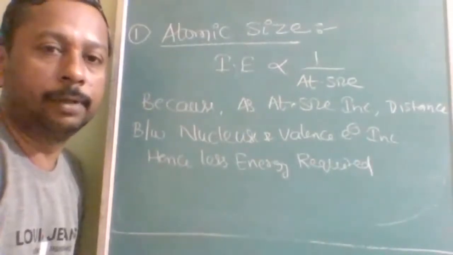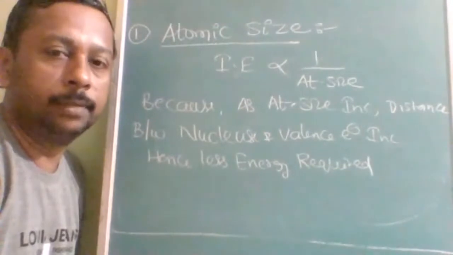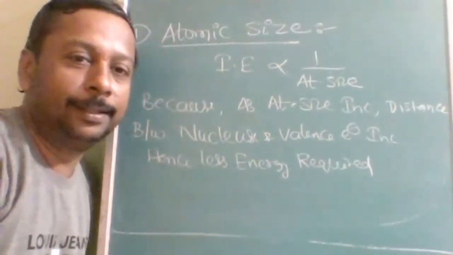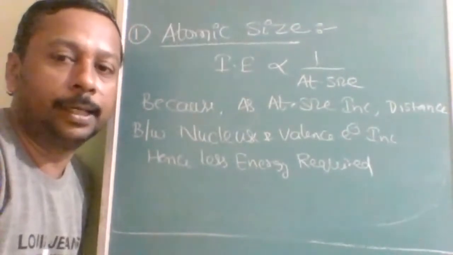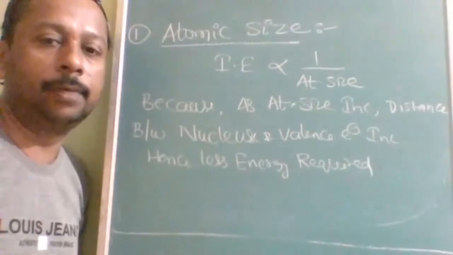This is what the first rule says. What is the first rule? Ionization energy is inversely proportional to atomic size, along with the reason. Note down this. Then we will discuss further topics.